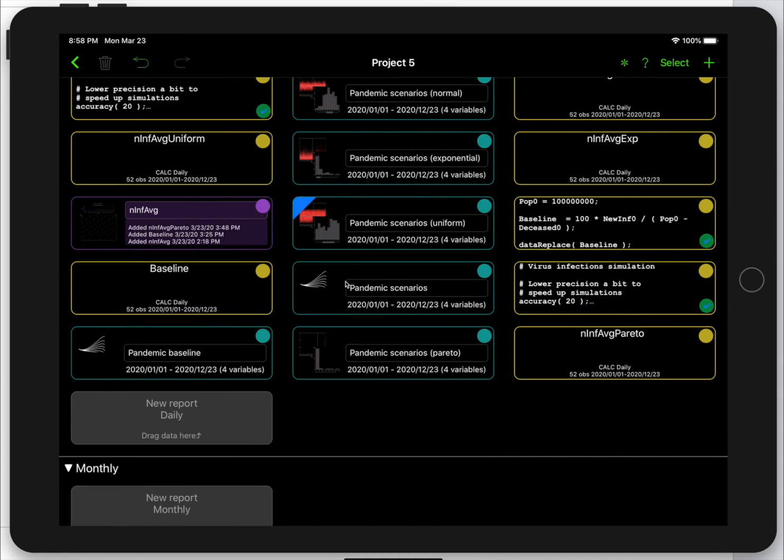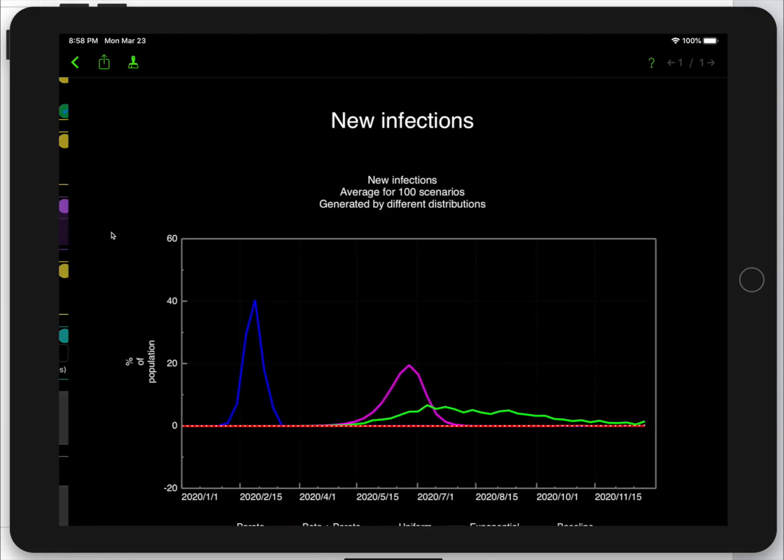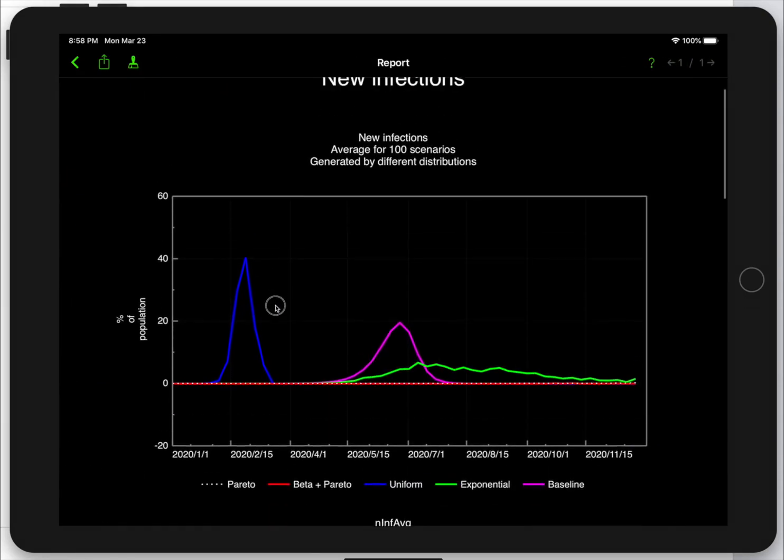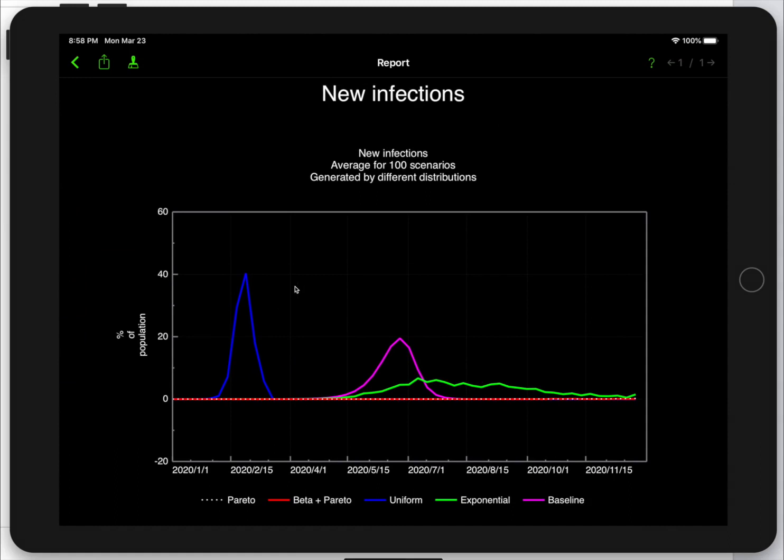But let me get the report. There we go. Okay, so let's look at the new infections in these different scenarios. That uniform we looked at just now is much worse than the baseline. Our baseline again is about 20%. The uniform you see go up to 40%.